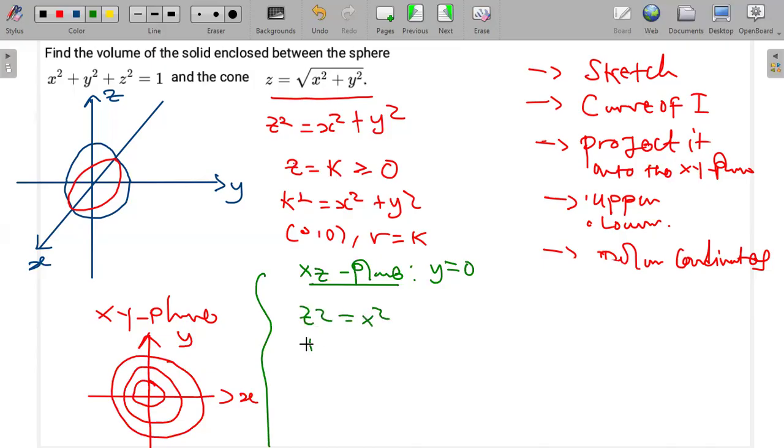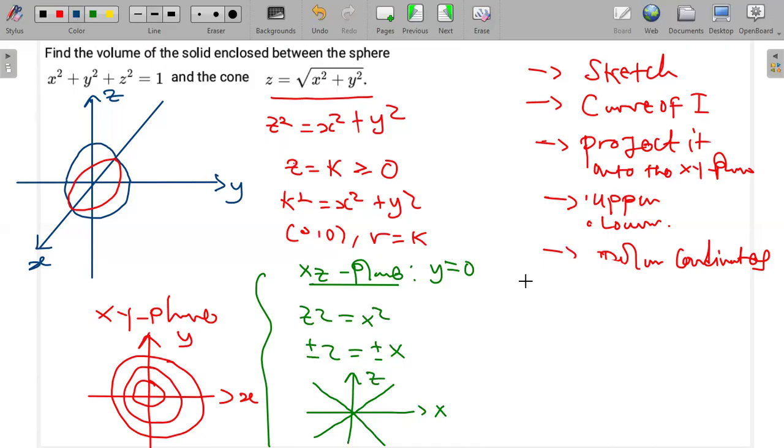This will just mean that plus or minus Z equals plus or minus X. So these are just straight lines crossing each other like that. In the ZX plane, there will be lines going like this and like that. Since Z cannot be negative, anyway, we can even leave it like that.